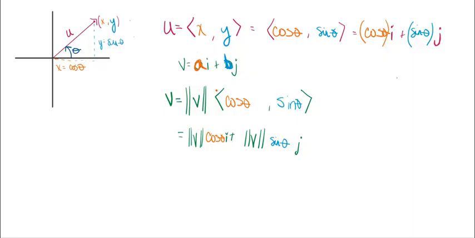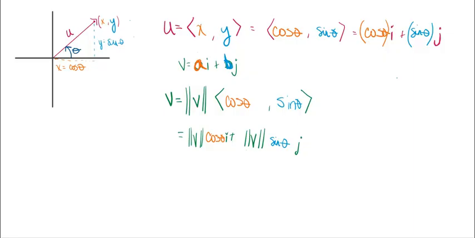Okay, if u is a unit vector, so I've got this pink unit vector here, in the graph, theta, the angle theta, is measured by going from the x-axis counterclockwise up. It's from the positive x-axis to u. The terminal point of u lies on the unit circle, so the magnitude of u would be 1.